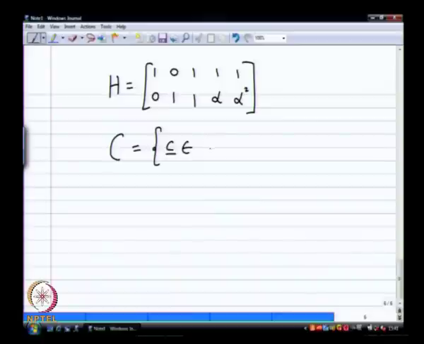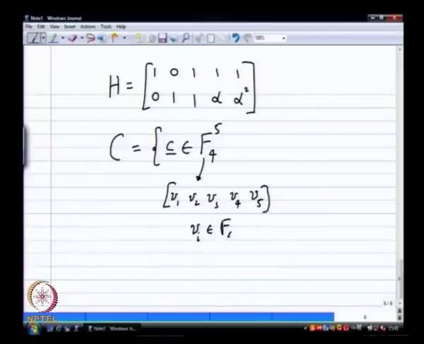It is not F2^n, it is F4^5. So what is F4^5? The 5-dimensional vector space with coefficients from F4. So you have to think of things of this form: V1, V2, V3, V4, V5, where each Vi belongs to F4.